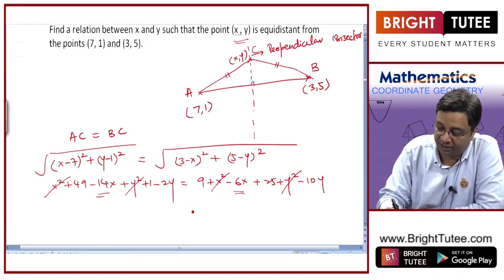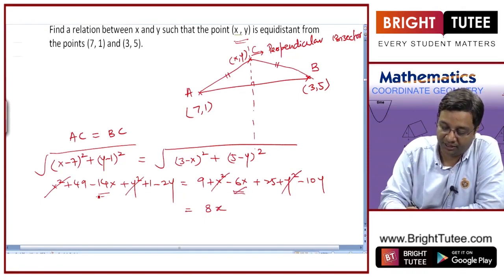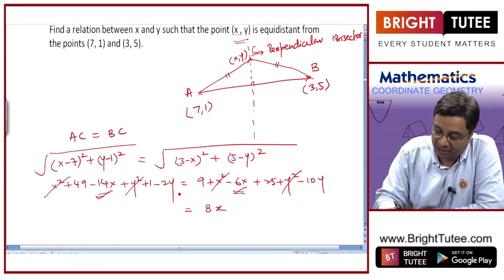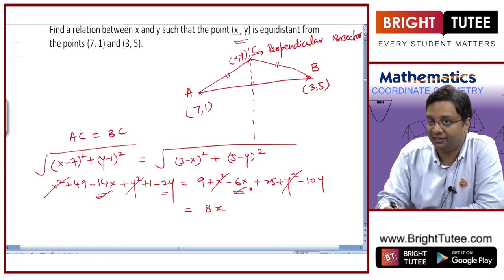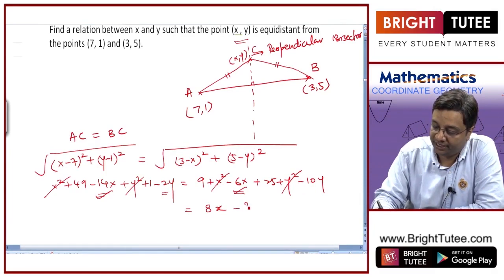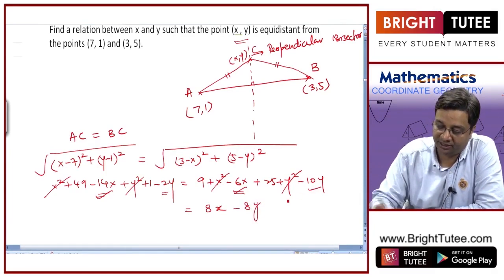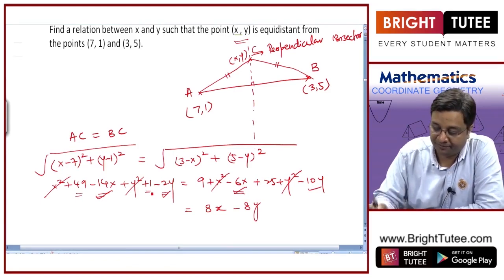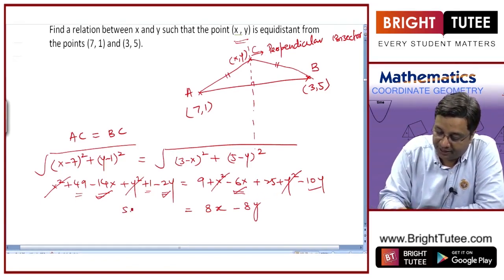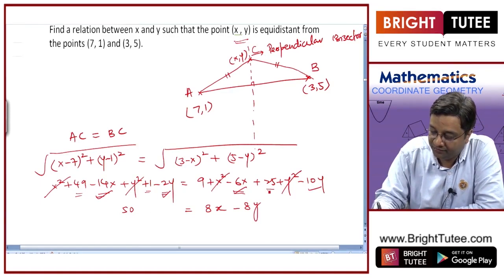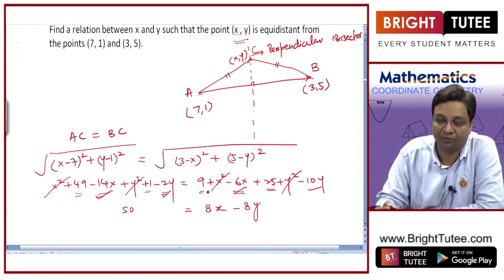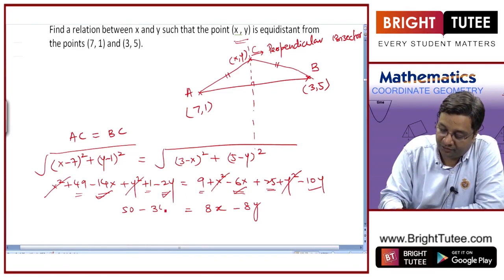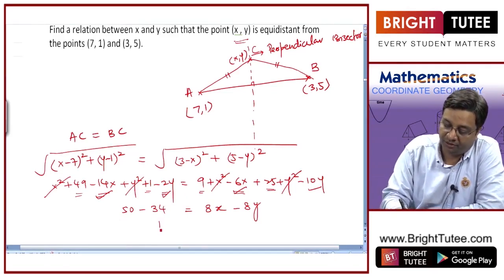If I bring this 14x to the right hand side, it will give me 8x, right? So these two terms are taken care of. Now let's look at y terms. This is minus 2y, it will come on the right side as 2y, so minus 8y, right? Now 49 plus 1 is 50, and how much is this? 25 plus 9, 34. So you subtract 34 from here, so it will be equal to 16.